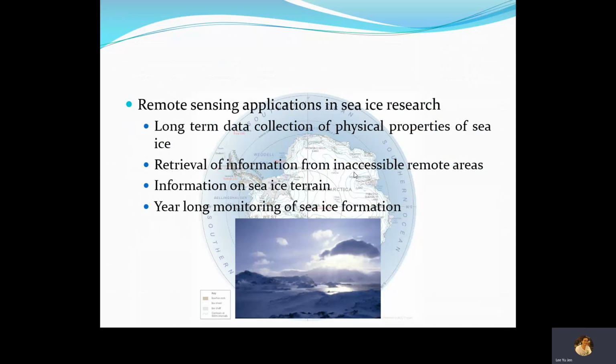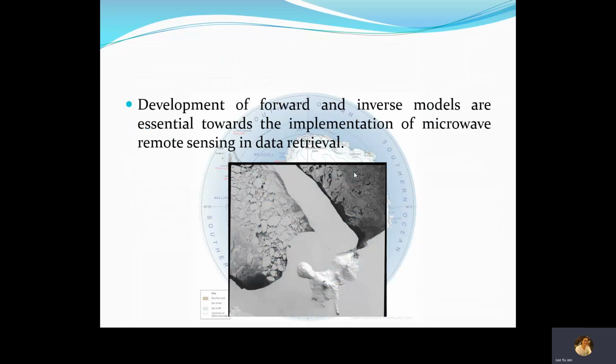So these are some of the challenges faced by researchers who are doing sea ice research. And remote sensing actually offers one possible solution for them to address these challenges.